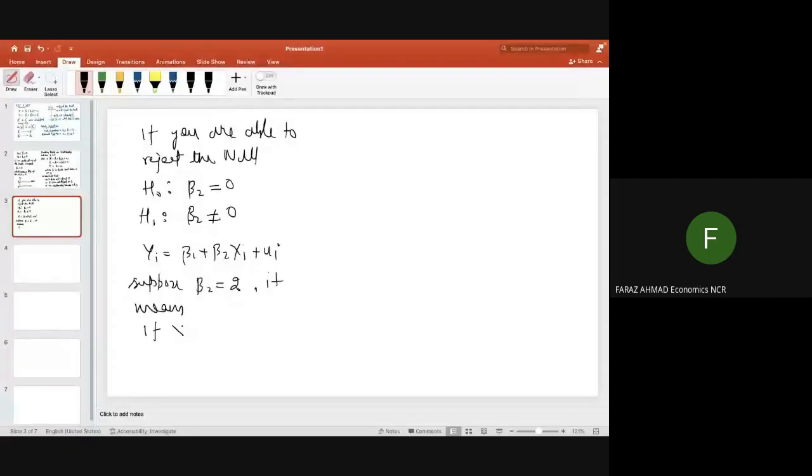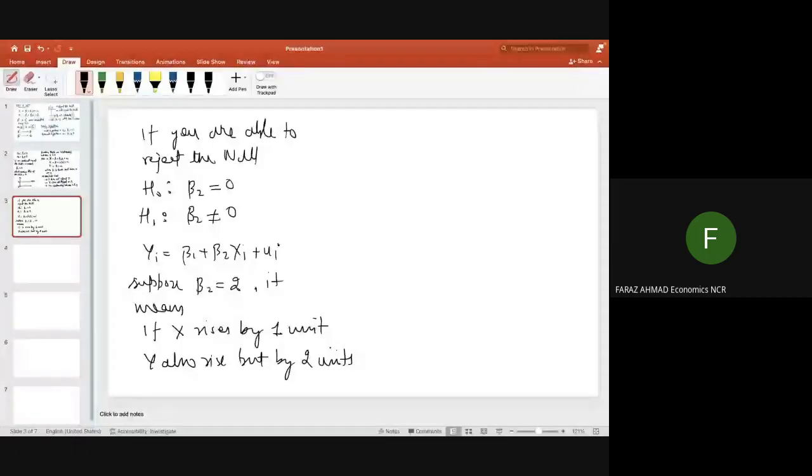Suppose you found that beta 2 is equal to 2, it means if x rises by 1 unit, y also rises, but by 2 units, right? So this is one situation.